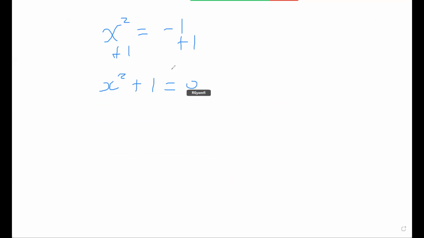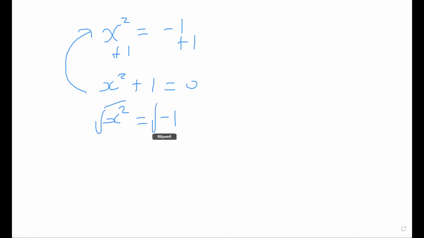It's the same thing. Now, if you're trying to solve for x, you go back to x squared equals negative 1. If you put a square root on both sides, you have x equals the square root of negative 1.